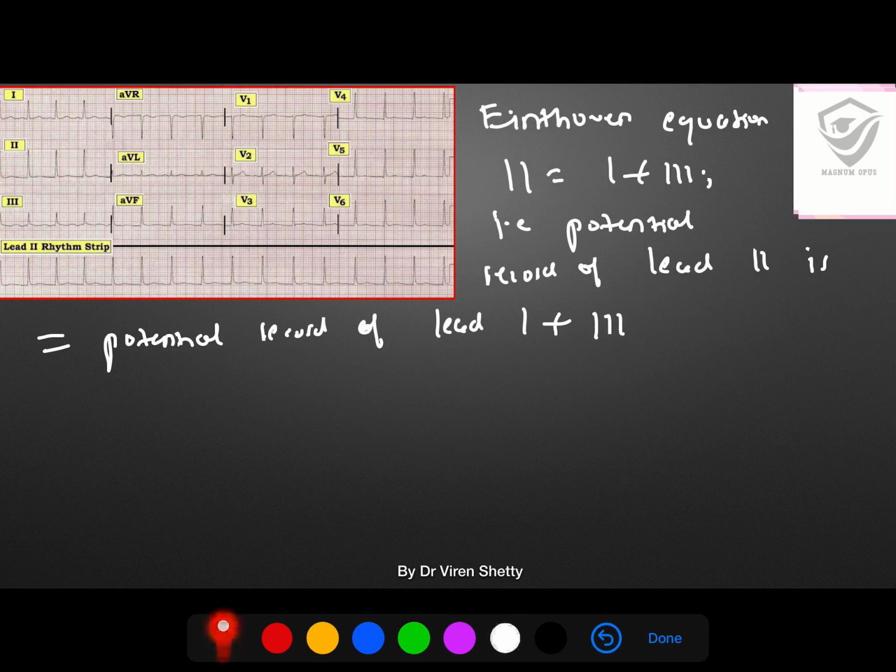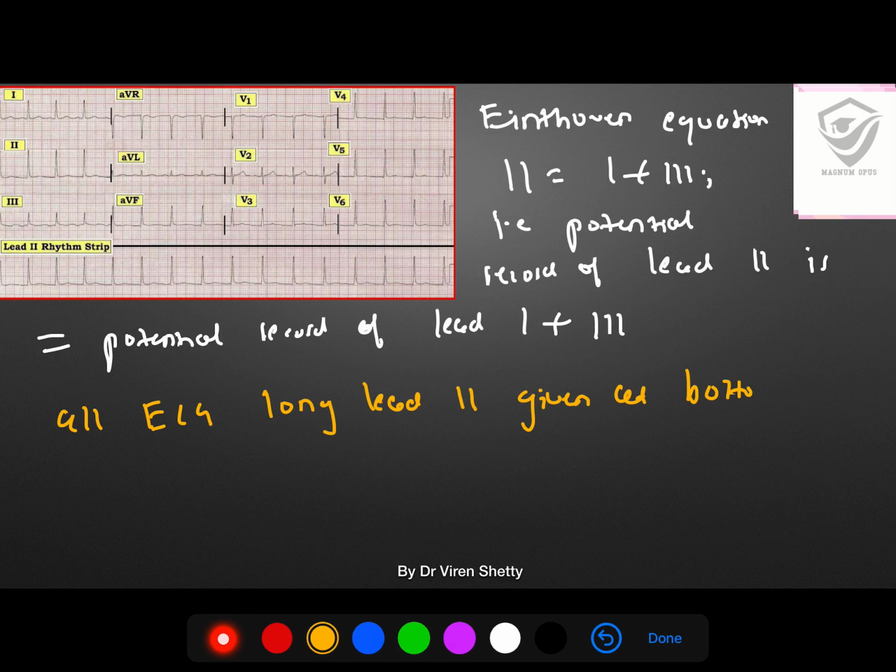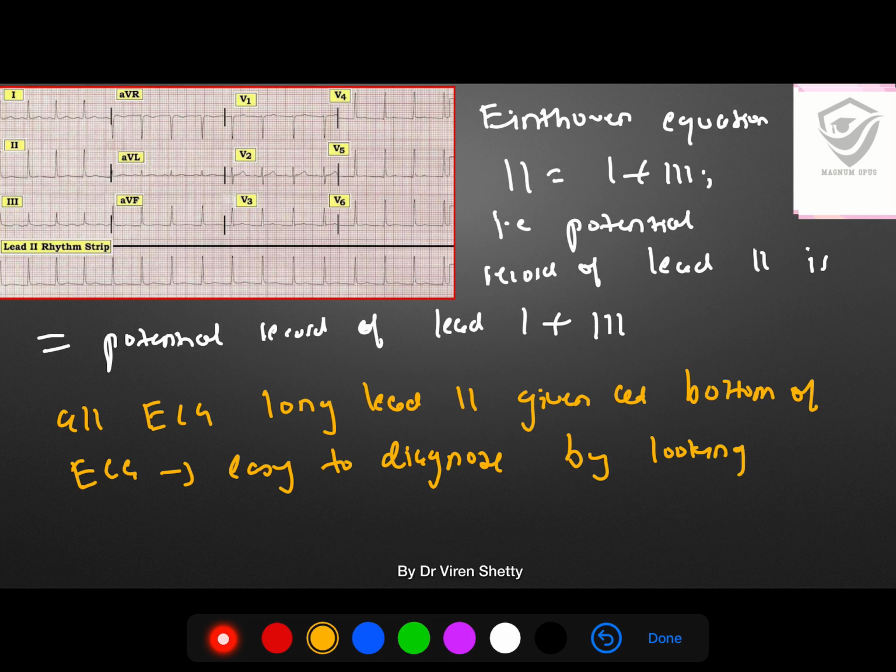That is why in all ECG we see a long lead 2 given at the bottom of ECG, so that it is easy to diagnose any condition by looking at long lead 2.